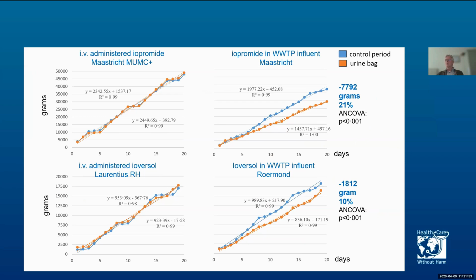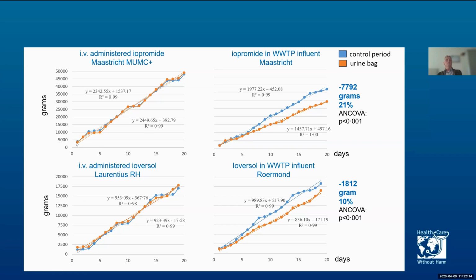Now let's look at what we found in the wastewater treatment plant. Here you see days from 0 to 20, so 3 weeks. And this is the cumulative amount that we found of the CT agent iopromide.